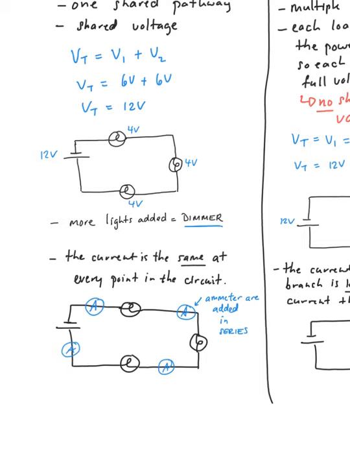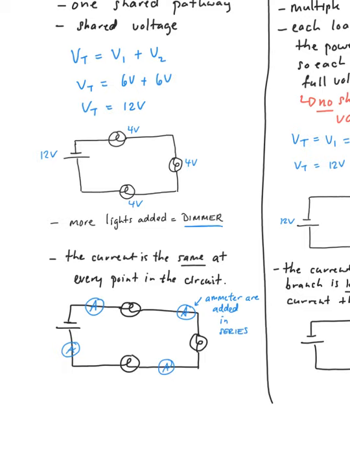Make sure that your ammeters are added in series because you want to measure the current that's flowing through that wire. So it must be in the pathway. You would take a connection, break that wire there, and put it on the other side of the ammeter.